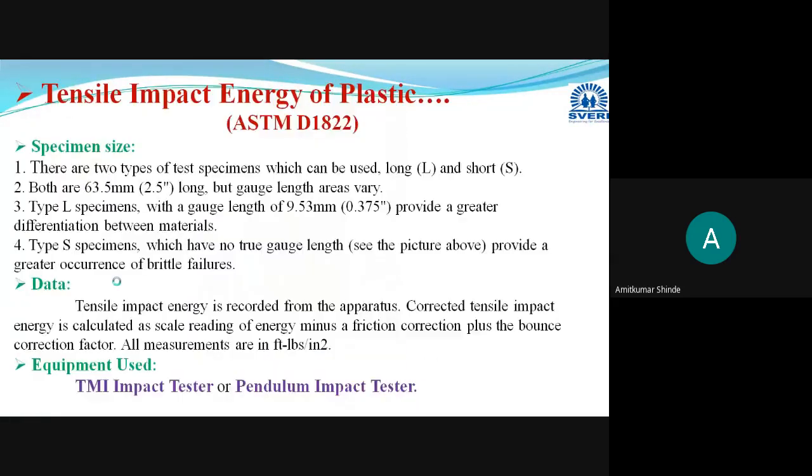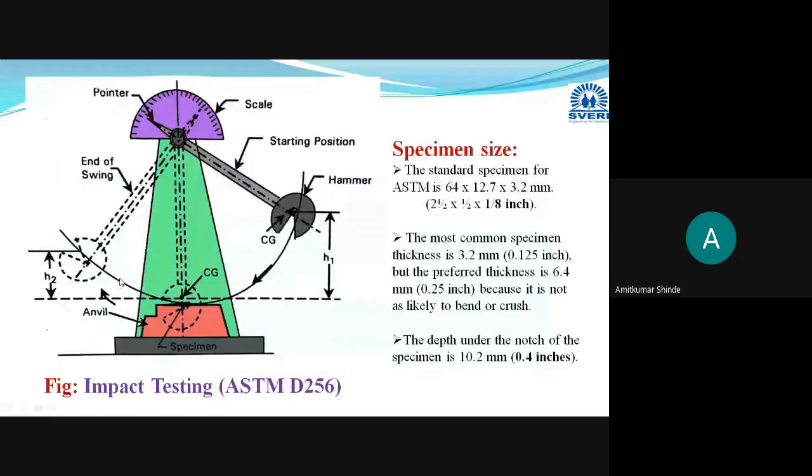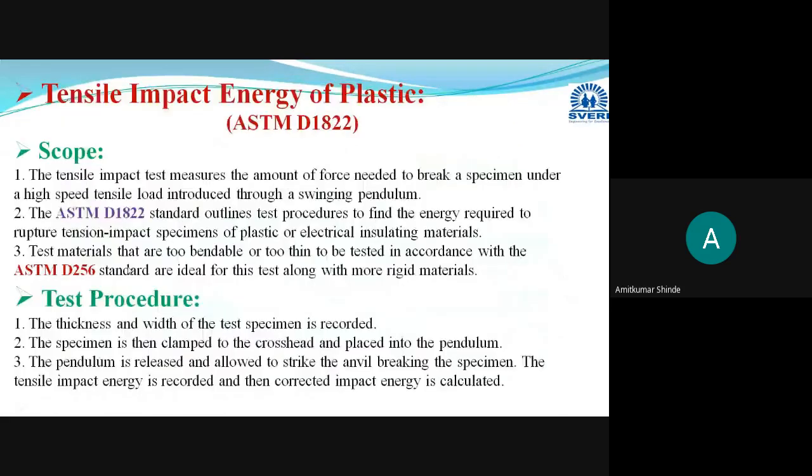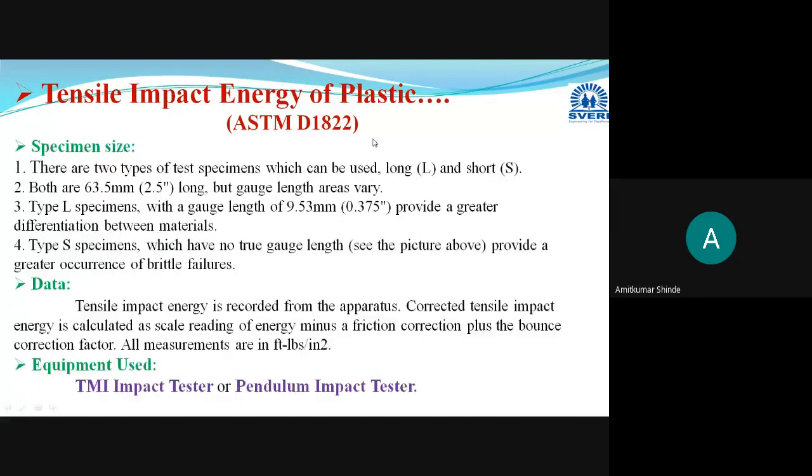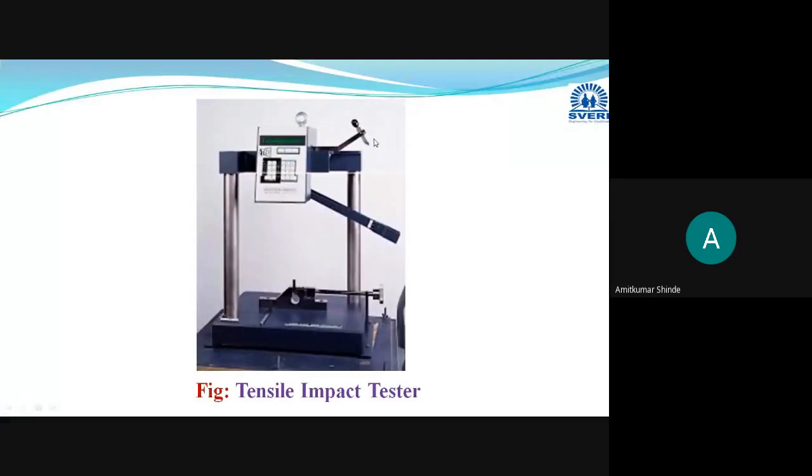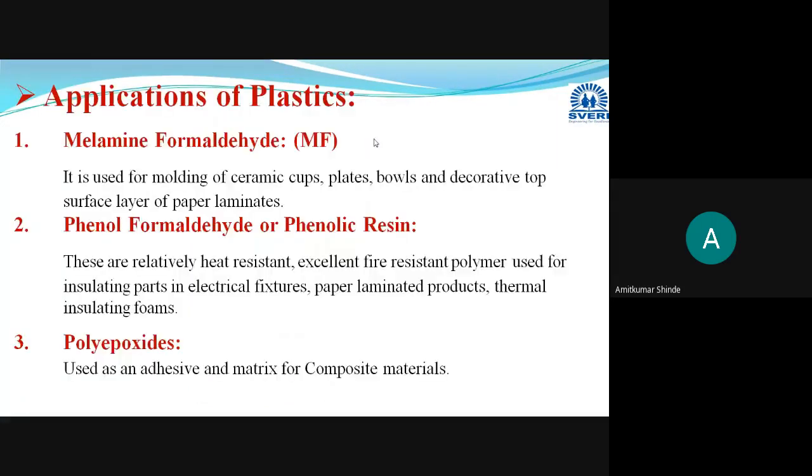Now, what we have learned in this session: the impact testing, how impact testing is performed on the plastic material using ASTM D256 standards, and how tensile impact energy testing is performed on the plastic material using ASTM D1822 standard. Then the tensile impact tester, its constructional details and the test procedure.